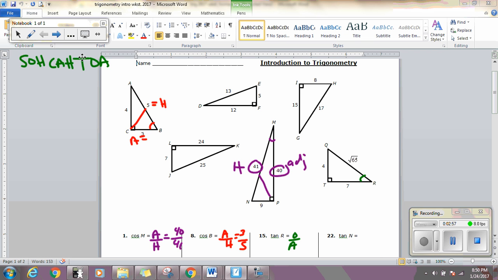And again, I would probably write that on top of every assignment if I were you. So that's probably where I should have started. My bad. So looking at R, the side across or opposite of R is 4. So that's your opposite. And the side adjacent or next to R is 7. So I would put 4 over 7.